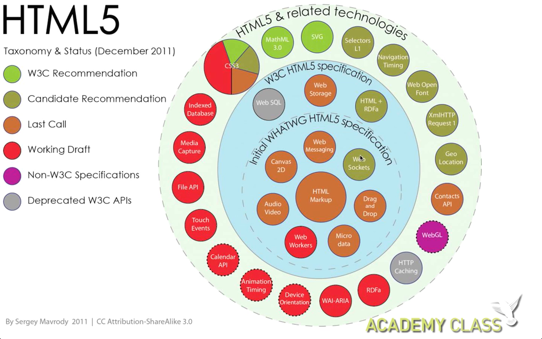So we've got the WebSockets, which we saw an example of. Web workers, which is basically how you can get the browser to think independently of the rendering. So say for example, I could be showing you this presentation here, and in the background I could be doing something else, like processing an image or recording something.